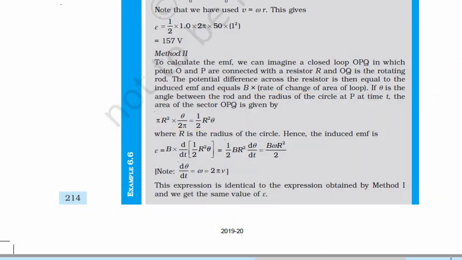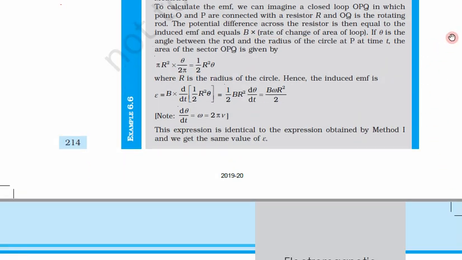Now since the rod is rotating, the area is changing with time, so we will have some induced EMF, where r is the radius. Don't be confused between this resistance R and this radius r. Don't use this r for the resistor; just remove it or make it r dash.